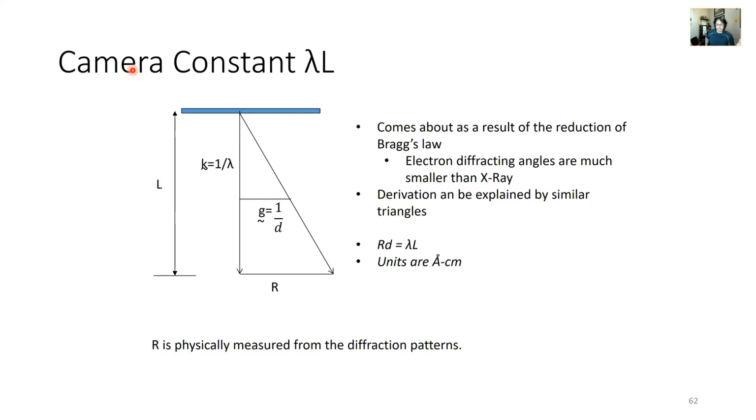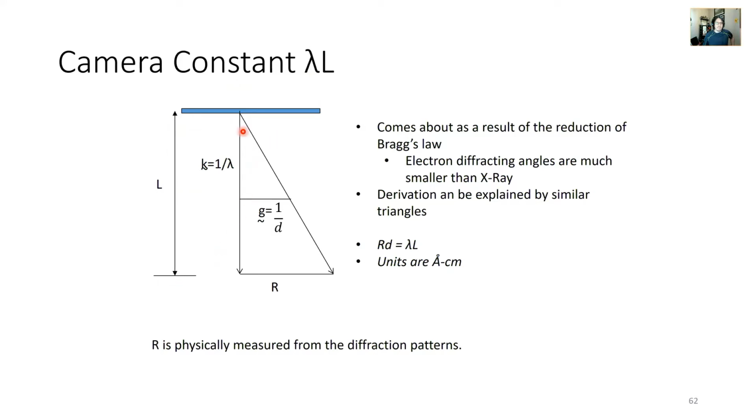You can also tell if your system is calibrated or not, so if you can trust the data coming off your instrument. The concept of camera constant is Rd equals lambda L, and lambda L is your camera constant, where lambda is wavelength and L is camera length. So this is the wavelength of your electron beam, and this is the camera length.